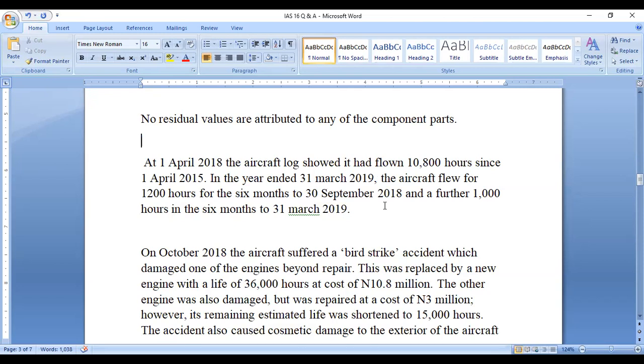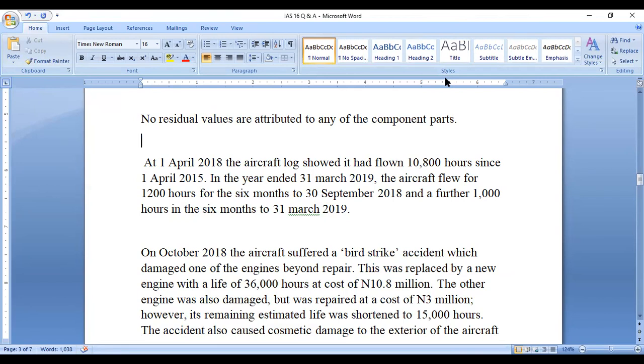In the year ended 31st March 2019, the aircraft flew for 1,200 hours for the 6 months to 30th September 2018, and a further 1,000 hours in the 6 months to 31st March 2019. On October 2018, the aircraft suffered a bird strike accident, which damaged one of the engines beyond repair.